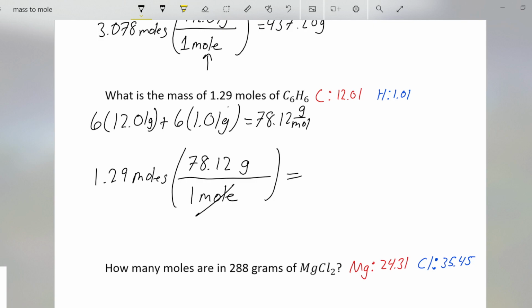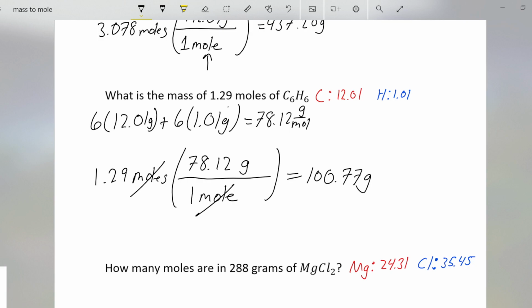Our moles down below will cancel with these moles, and we will end up just taking 1.29 and multiplying by 78.12. The answer that I get for that is 100.77 grams. So there's 100.77 grams in 1.29 moles of C6H6 benzene.